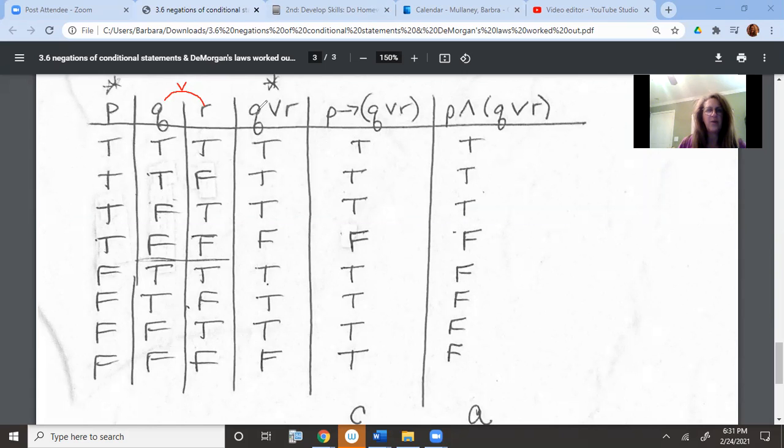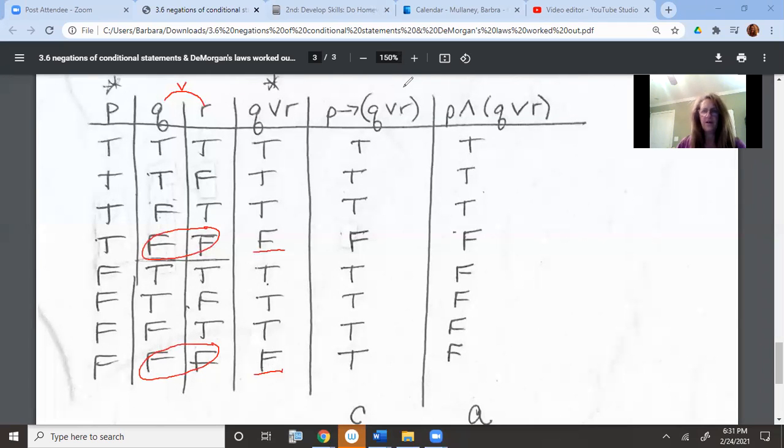When both Q and R are false, the whole statement is false. Here's one case where they're both false, therefore Q or R is false. And at the very bottom, where both of them are false, Q or R is false. And the rest is true. That's what that or statement means. If either one of these letters is true, either one or both, then it's a true statement. So those are the only 2 cases that are false.